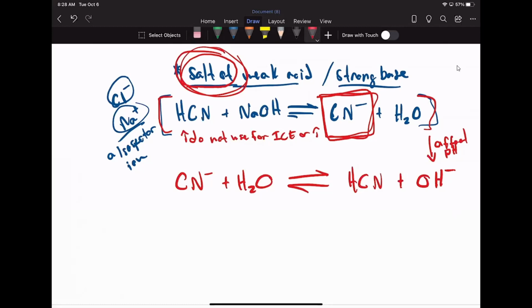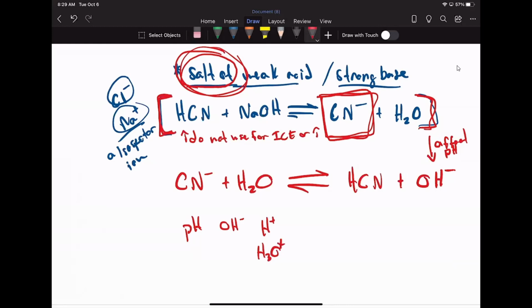Yeah, thank you. Okay, so now that I have this reaction, because the only way we're going to be able to calculate pH, if we look at this reaction here, well, what do we need in order to calculate pH? Well, we need one of these two things. I need either OH, or I'm going to need this, or essentially this, right?